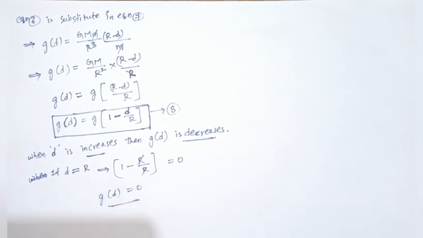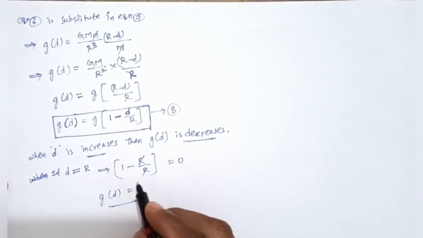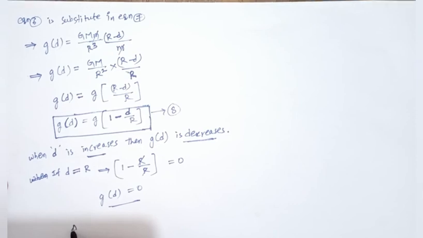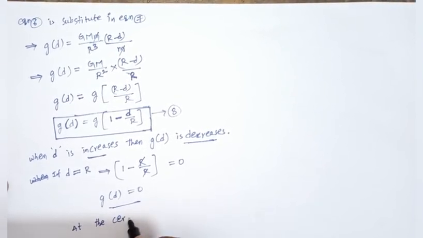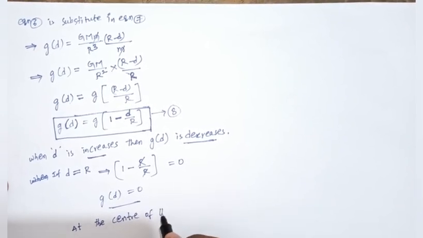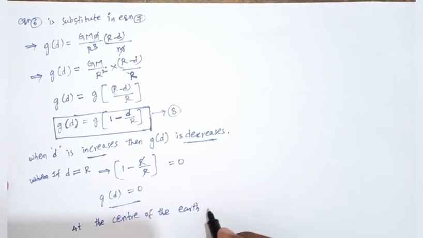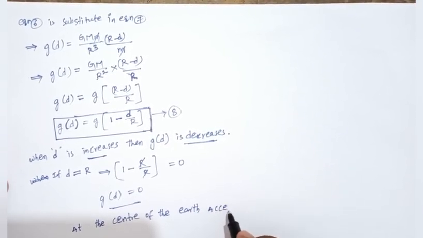That means at the center of the earth, the acceleration due to gravity is 0.